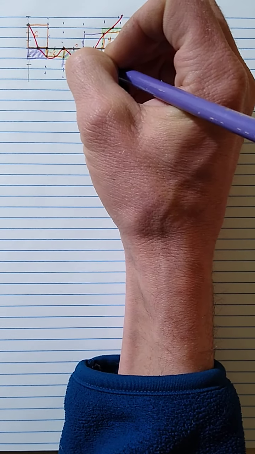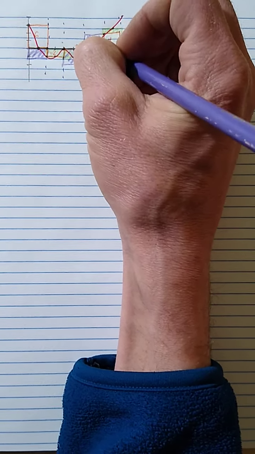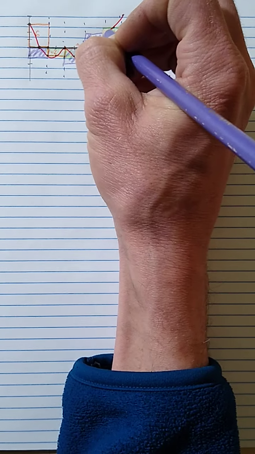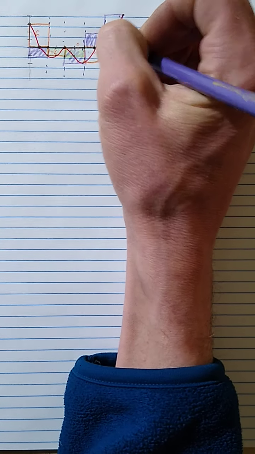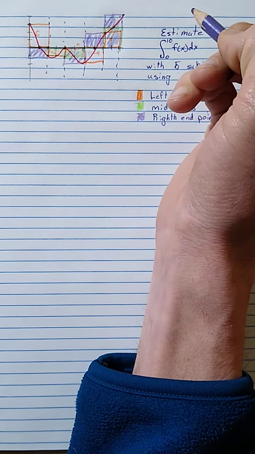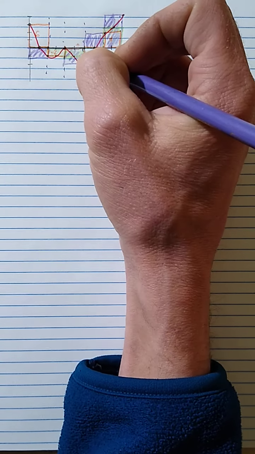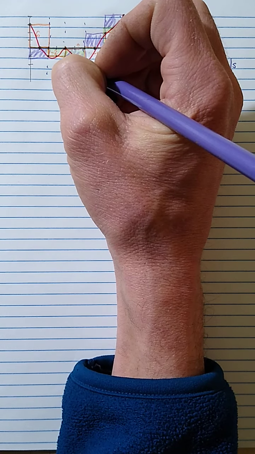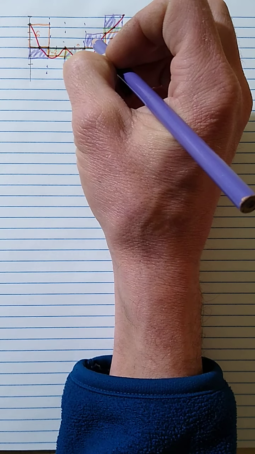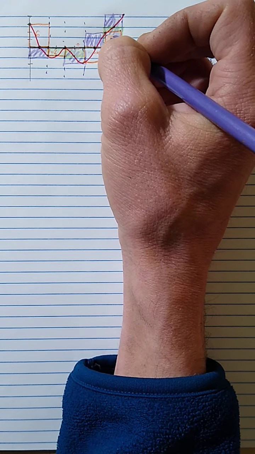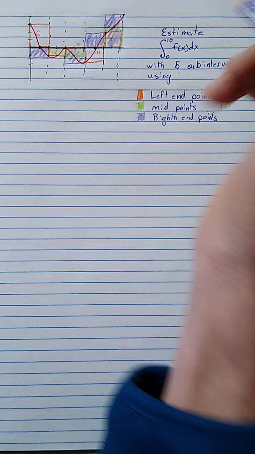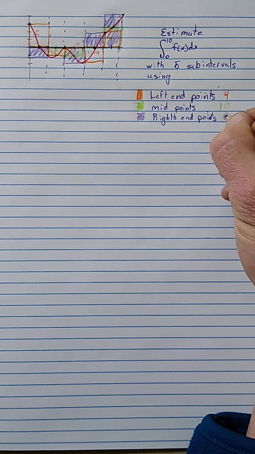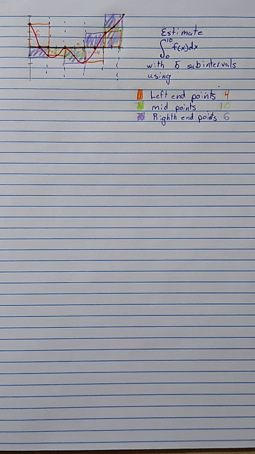Even though this one sums to below, I just ignore that because I'm going by the right endpoint here. Right endpoint 4. Adding up the purple, -2 minus 4 is -6, plus 4 gives me -2, plus 8 gives me 6. Hope I did that right. So that's what we have to do.